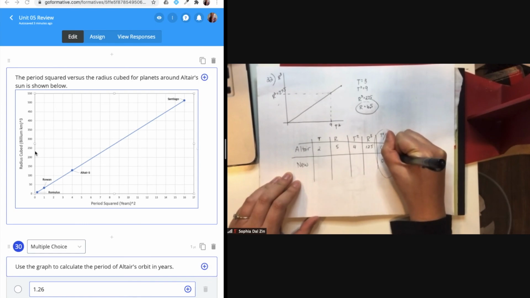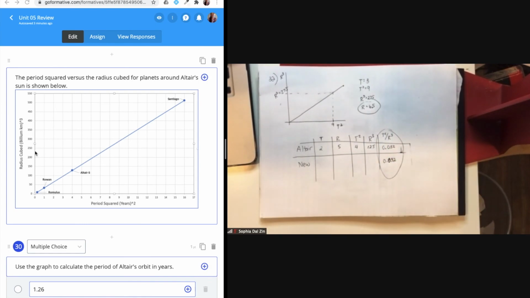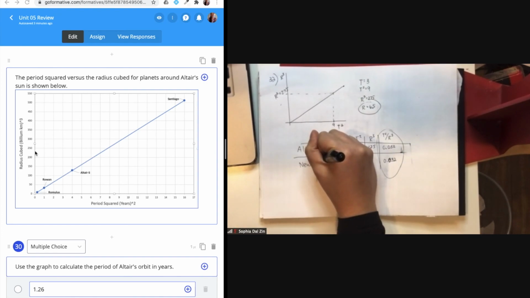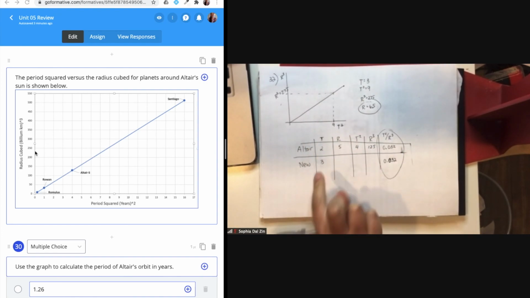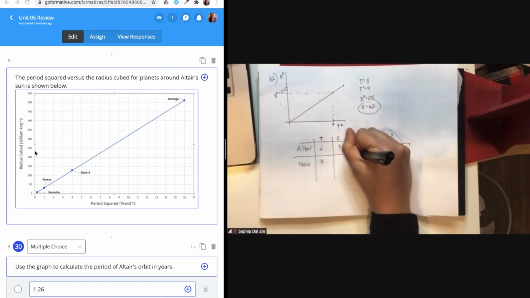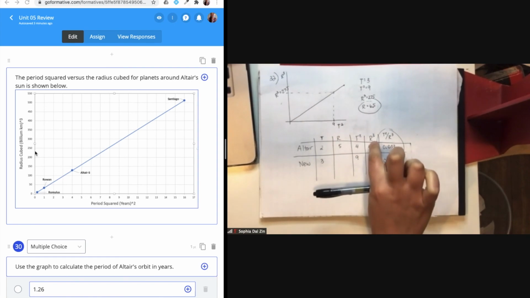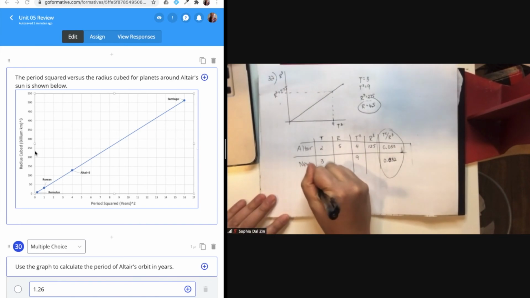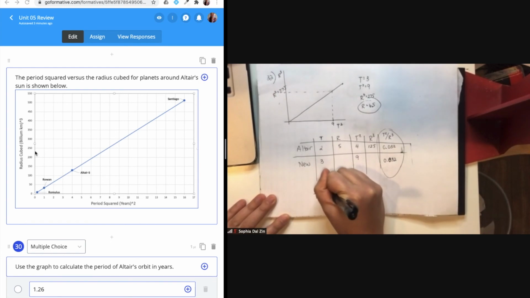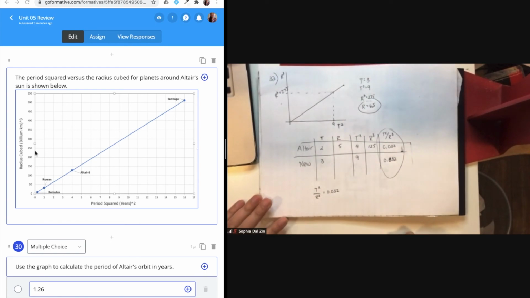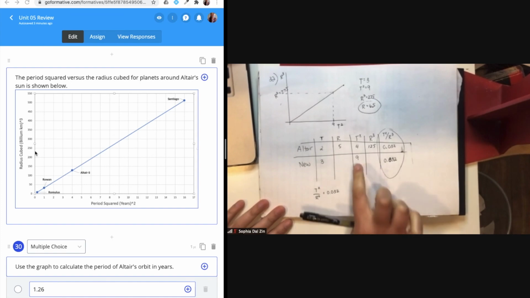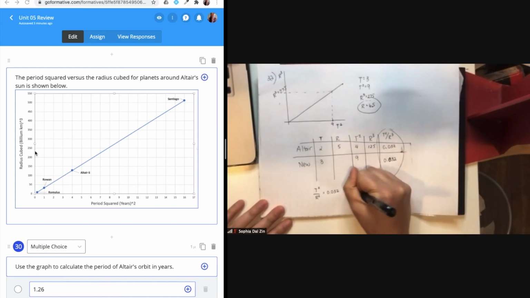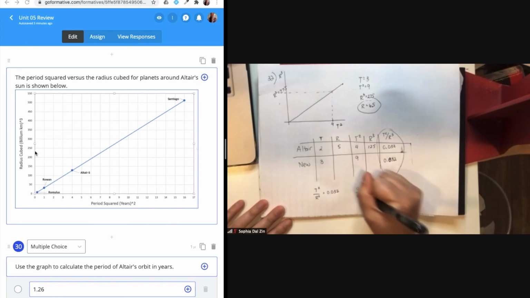That means my new planet must also have this constant. So if its time period is 3, that means T squared is 9, I can solve for r cubed. I know that T squared divided by r cubed must be equal to 0.032 for this new planet as well. Since T squared is 9, I can solve for r cubed precisely.